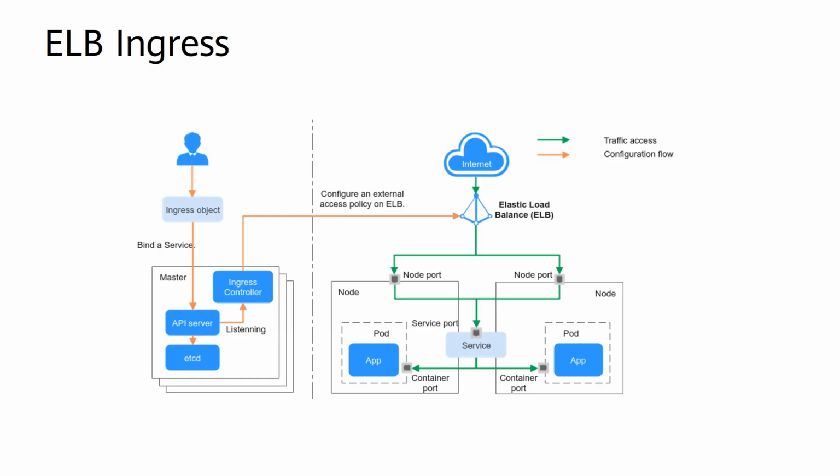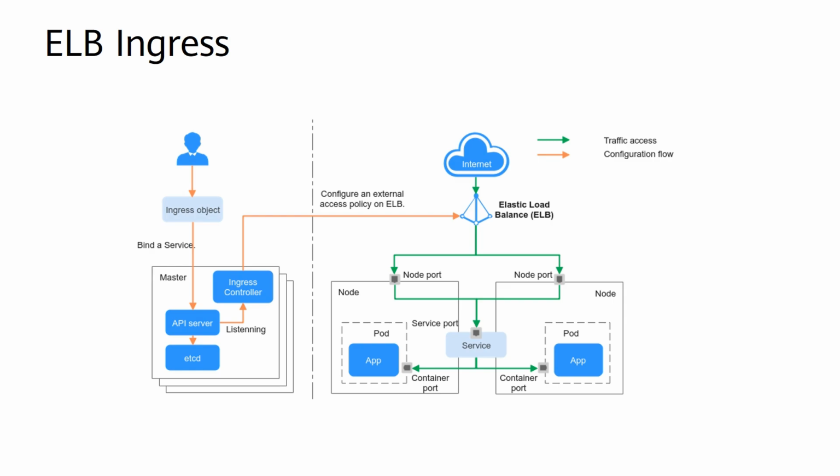In our demo, we will show you two types of ingresses. The Ingress Controller is installed on the master node, which is automatically installed when you create the cluster. When you create an ingress, the command is sent to the API server of the master node and then to the Ingress Controller. Then, the controller converts some configurations of the ingress into access policies of the ELB load balancer.